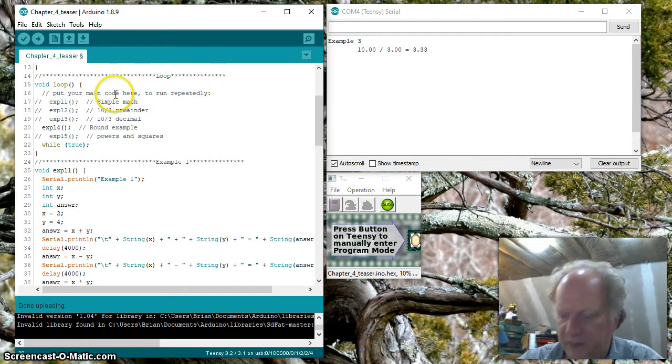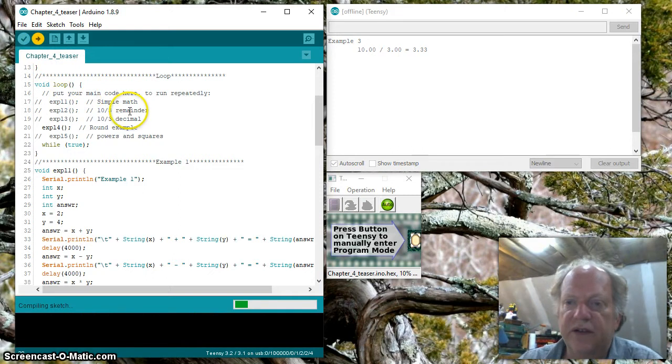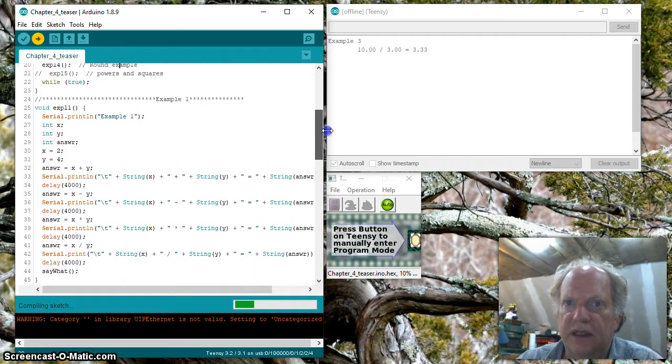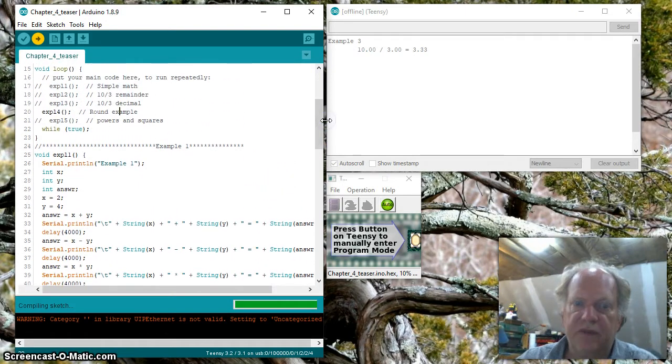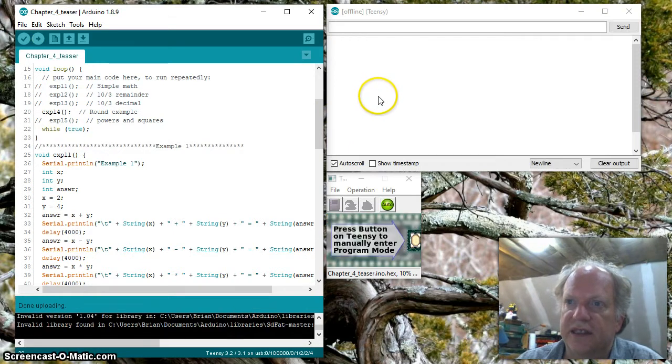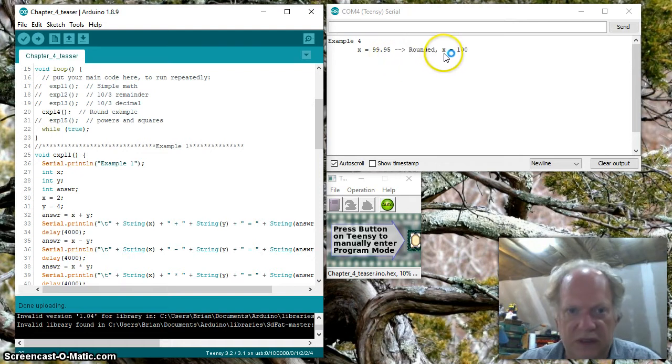All right, going on down. Let's say, for example, you want to do some rounding. If I have a number that has a decimal place, and that number is, for example, 99.95, can I round that? Yes, I can.